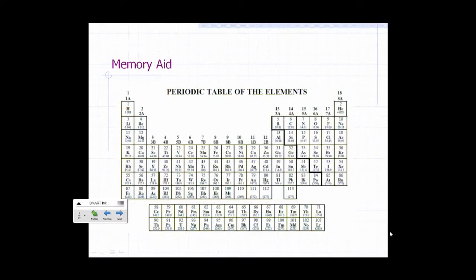Here's how you can use the periodic table to remember the typical order that subshells, or orbitals, are filled in an atom.